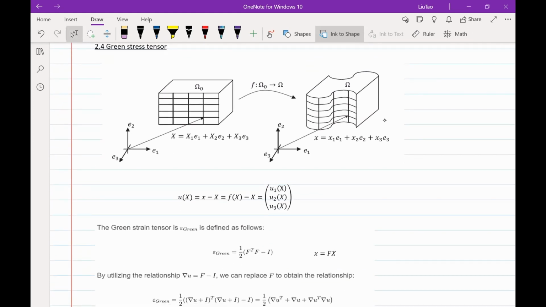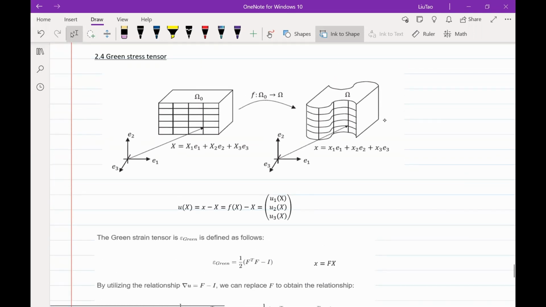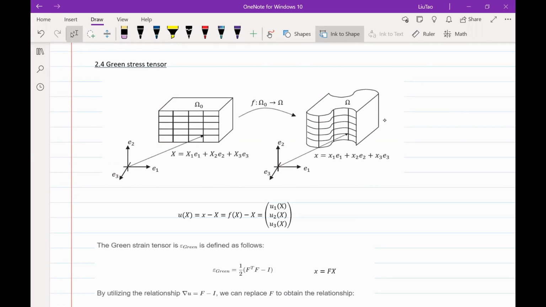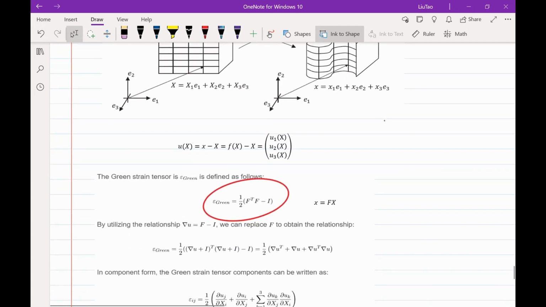Now, let's take a look at another strain tensor that does not have the disadvantage of the small strain tensor. Green strain tensor. It is defined as 1/2 times F transpose times F minus identity matrix.